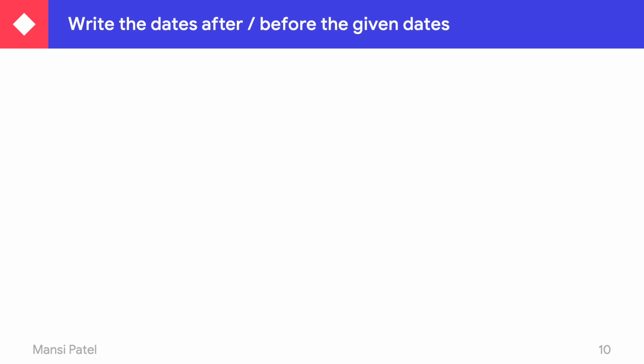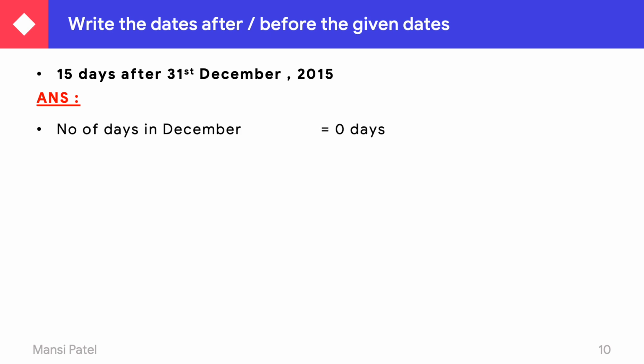Let us see another example. Your next question is 15 days after 31st December 2015. First of all, we find out how many days are remaining in December. In December, 31 days are there and they have given 31st December. So in December, 0 days are remaining. So these 15 days we have to calculate in the month of January.